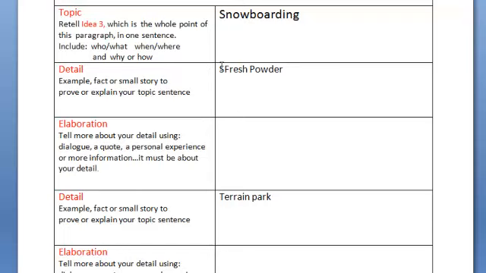Again, I'm going to use a story about the first time I boarded on fresh powder. And in the terrain park, I'm going to give an example. That will be my example. Again, I'm not writing it, I'm just telling what I'm going to write.